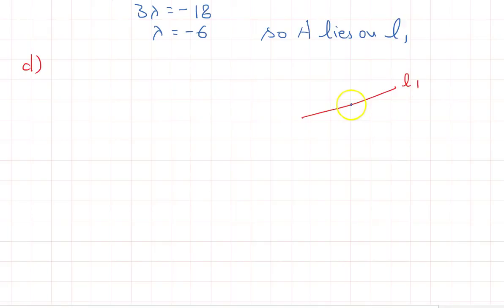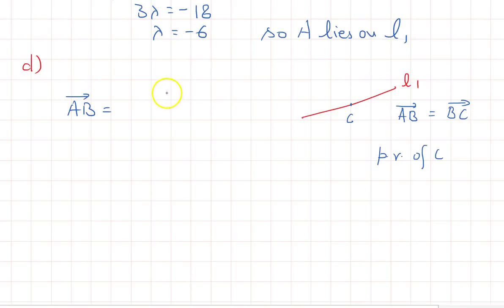Part D is, there is another point C which lies on L1, and the given condition is that vector AB is equal to vector BC. So we have to find the position vector of C. So first try to find out the AB.